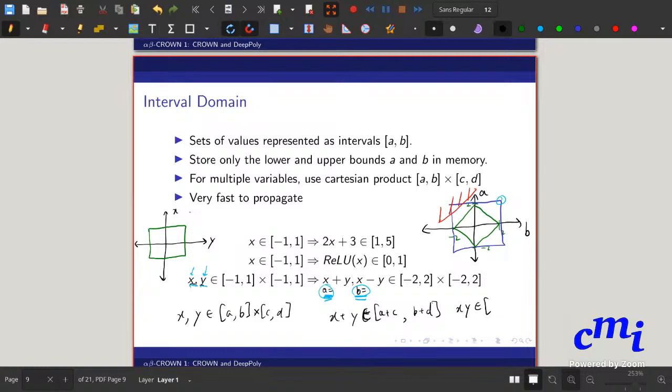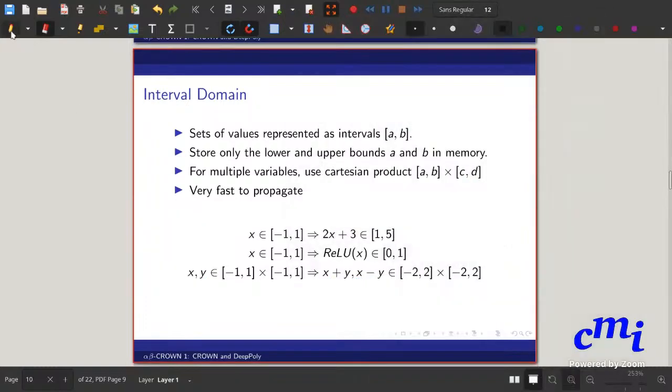It's a bit harder, but it depends on the sign of the integers also. Yeah, it depends on the sign of the integers, right? So let's do a case by case analysis, just to go through this a bit. So again, we have, let's say, x comma y is in a, b cross c, d.